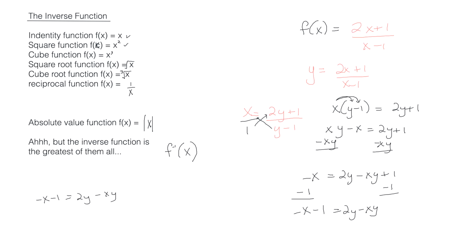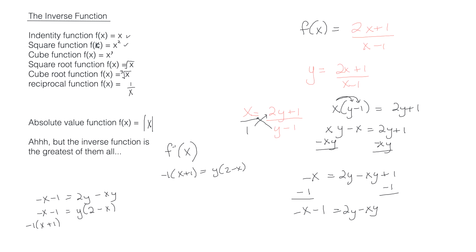On this side, the right side here, I'm going to factor out the y. Leaves me with 2 minus x. On this side, I'm going to factor out a minus 1 because it looks good. Now I have minus 1 times x plus 1 equals y times 2 minus x.